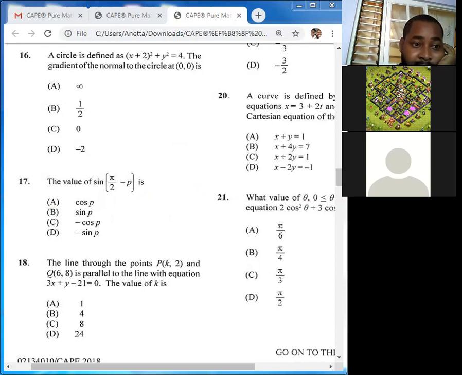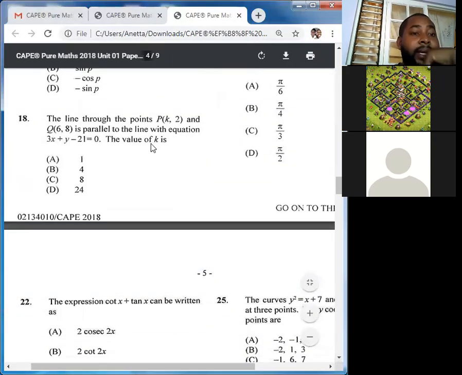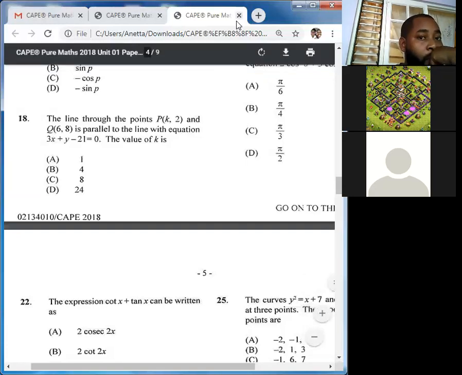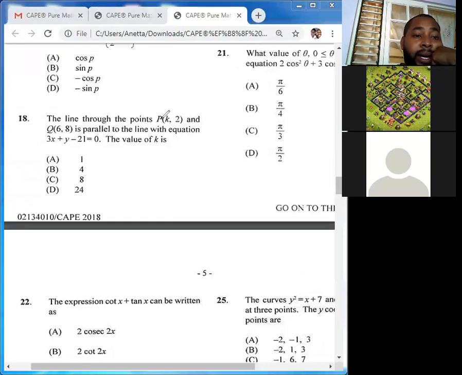Let's continue. Number 18. A line through the points P(K, 2) and Q, and this is parallel to the line of the equation such and such. What is the value of K? Alright.